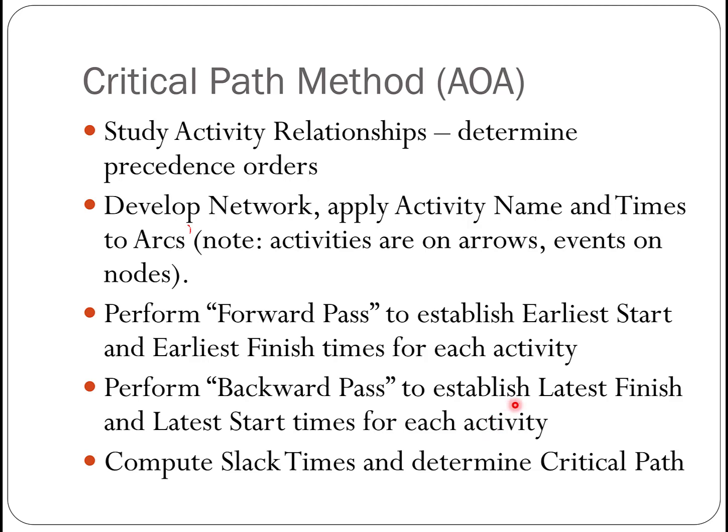And we find out these values by going backwards after we are done with the forward pass. And then we can compute slack times and determine the critical path. So the slack time is how much flexibility you have to complete each activity, how much you can delay a certain activity.